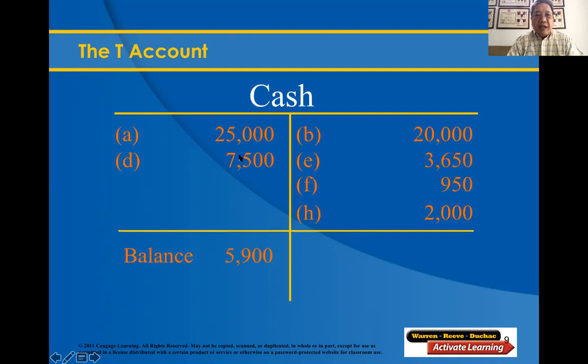So, ito nangyari. Remember? Si Net Solutions, naglagay siya ng capital. Di ba? Dito. Nag-increase yung cash, debit. Bumili ng lupa, nabawasan, 20,000, credit.